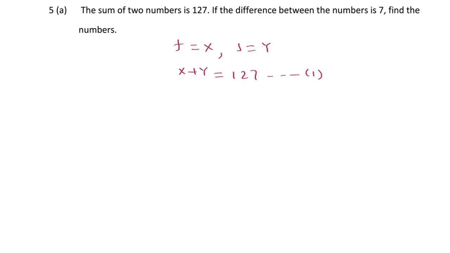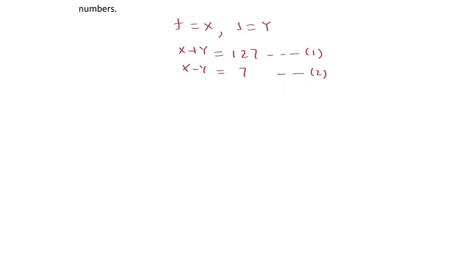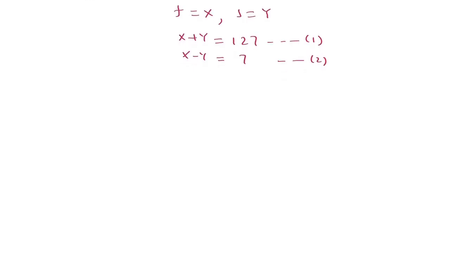And also, we've been told that the given difference is 7. Then our equation is going to be x minus y equals to 7. We are going to call this as equation number 2. Okay, so next, let us now make y the subject from equation number 2.